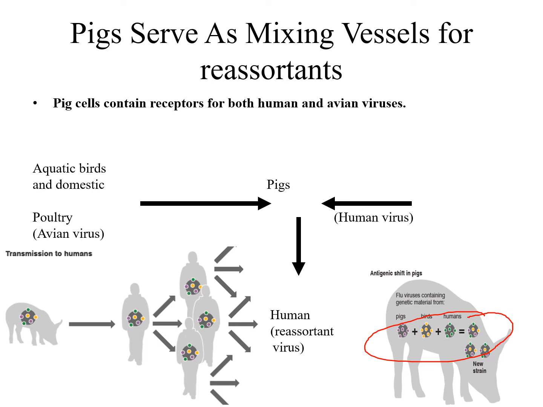It's going to come out as a pandemic. It's going to infect a large number of people in multiple countries, and it's going to be labeled as a pandemic. An example of that is the swine flu, which occurred in 2009 and was labeled as a pandemic.